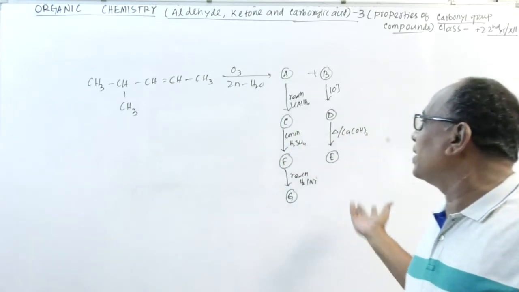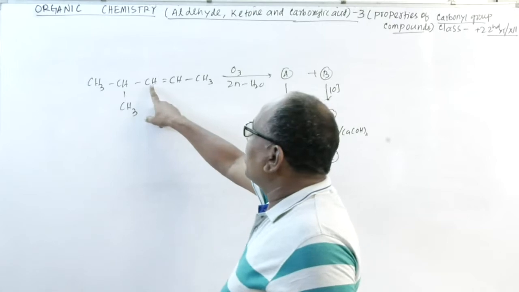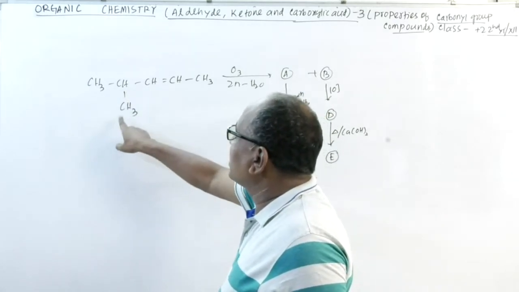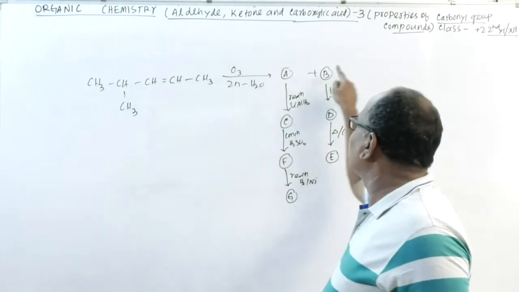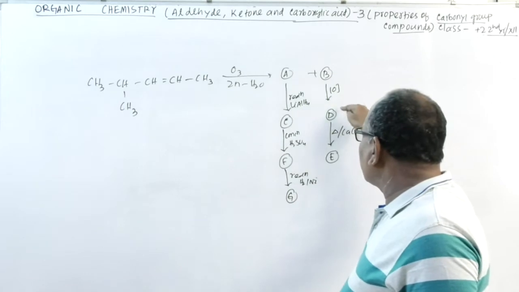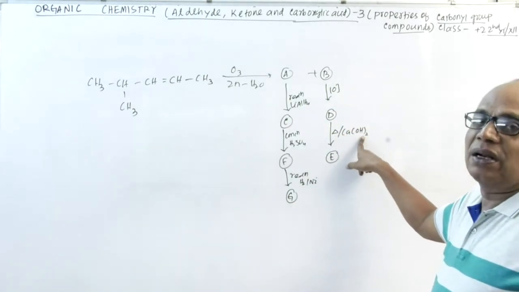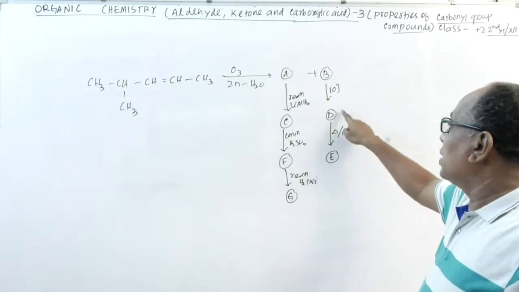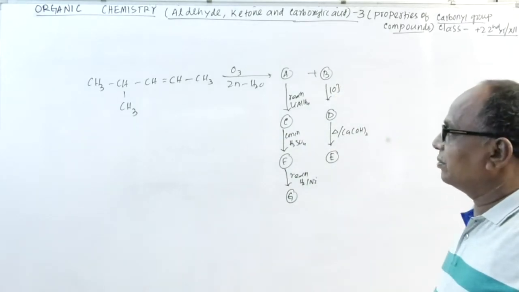So we can identify what A, B, C, D are. A is CH3-CH(CH3)-CHO, and B is CH3CHO. B on oxidation gives acetic acid. Acetic acid when heated with calcium hydroxide gives acetone. E is acetone, D is acetic acid, B is acetaldehyde.